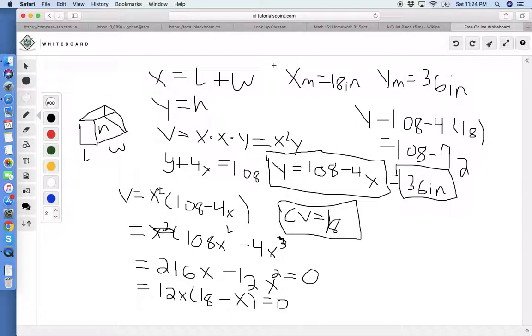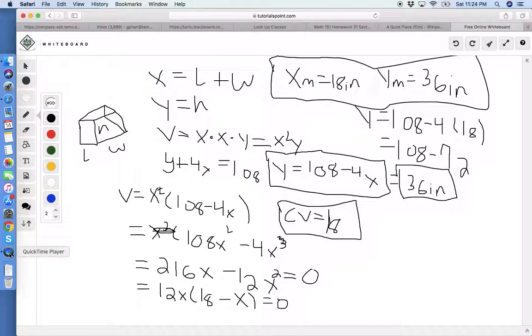Alright. So this is our final answer. And if you wanted to find out the total volume of the biggest box, essentially what you would do is just plug these numbers into our original equation, V equals x squared y. And that's it.